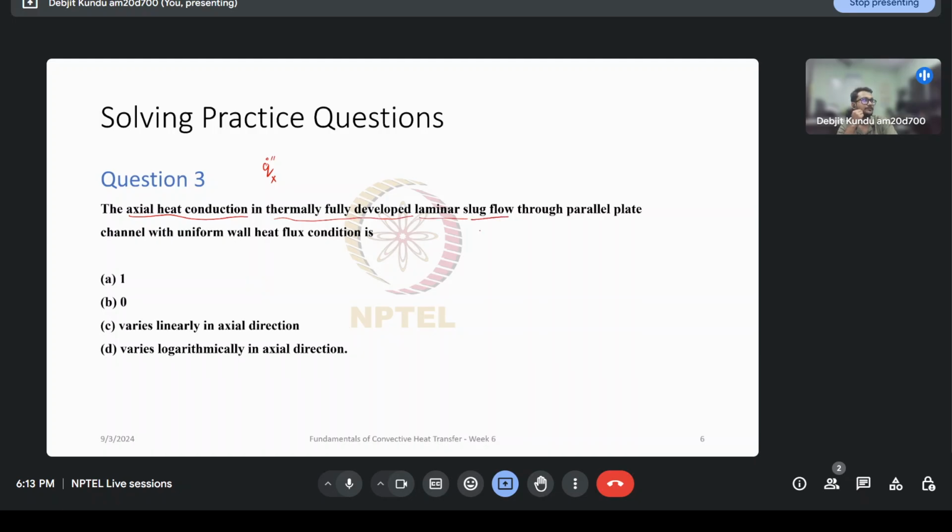Now slug flow means that the u is neither a function of x nor a function of y. The u is a constant. So I'll write it this way: u as a function of x or y is simply equal to a constant, that is u_m.